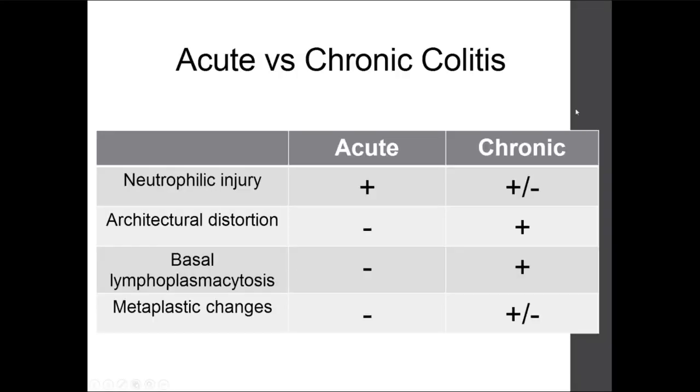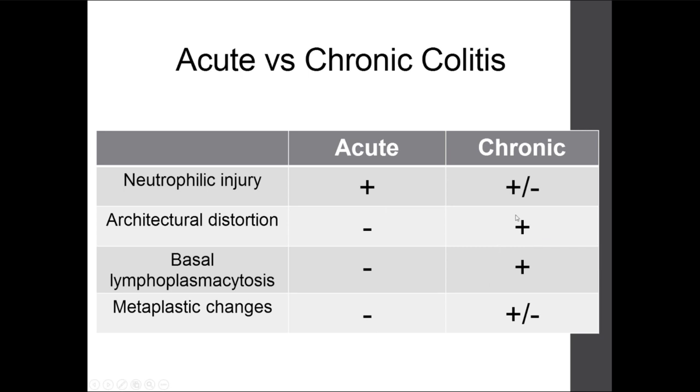So I have this slide to make it very straightforward. When we're trying to decide, is it acute or chronic, what are the features that we need to look for? For acute, obviously the defining feature is neutrophilic mediated injury, cryptitis, crypt abscesses, all the way to ulceration. But we shouldn't have any features of chronicity.